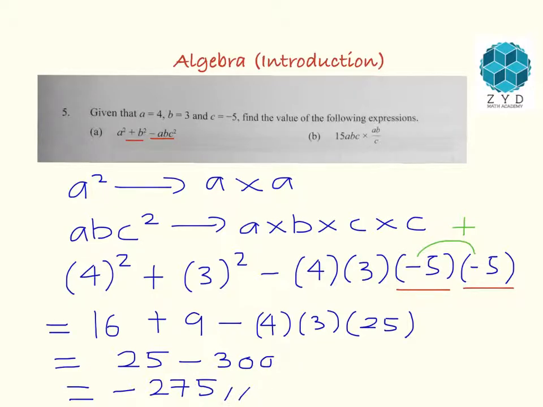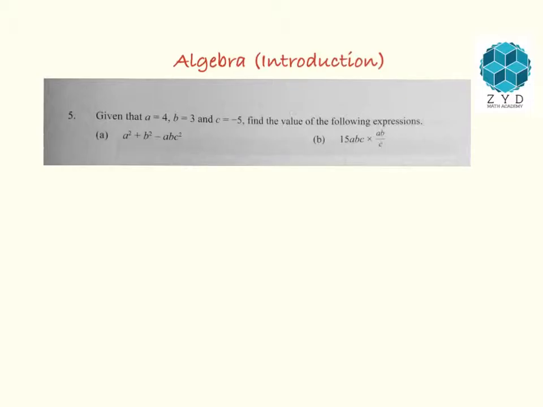So the learning lesson here: we must not forget that when two negatives meet each other, it becomes a positive. And when we evaluate this, we must know that 4 multiplied by 3 is 12, and 12 multiplied by 25 is 300, but we must remember this is a negative. So this is how we do question 5a.